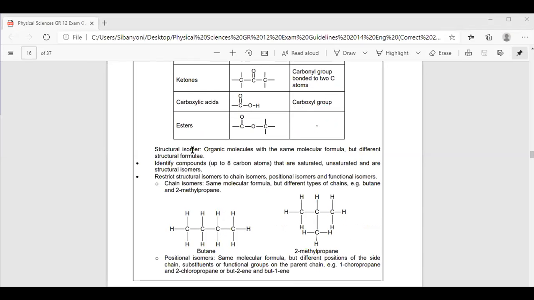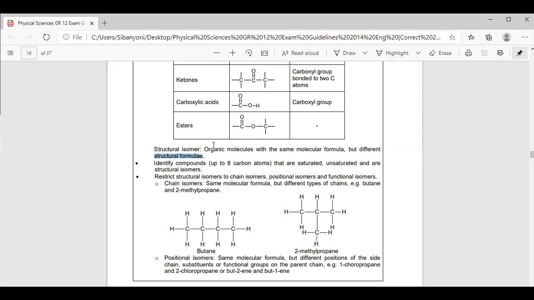Then we are required to know about structural isomers. We need to know how to define them. A structural isomer is an organic molecule with the same molecular formula, but different structural formulae. Now, my dear learners, if you don't know your definitions well, then you are going to struggle with the content.